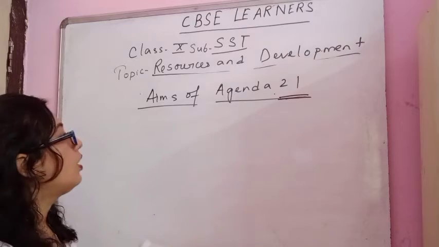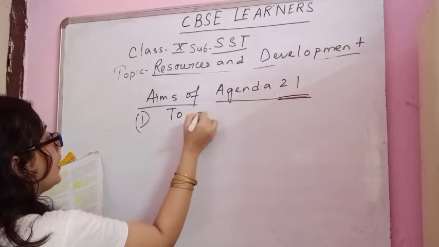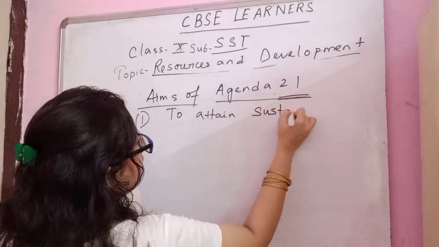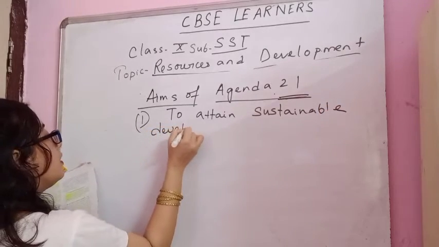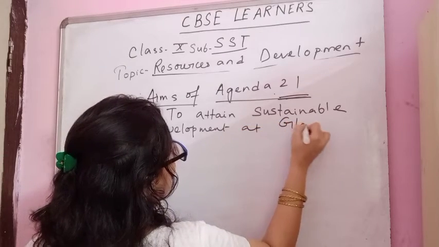The first aim of Agenda 21 is to attain sustainable development at global level.